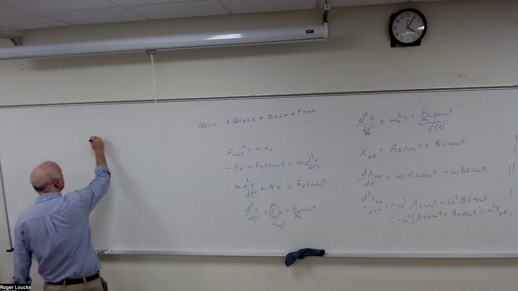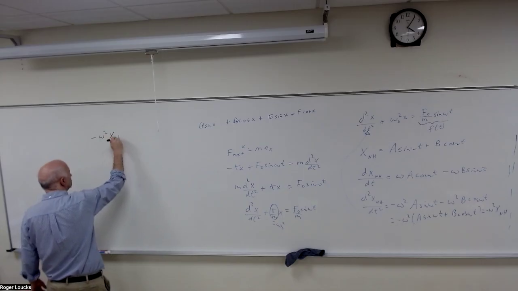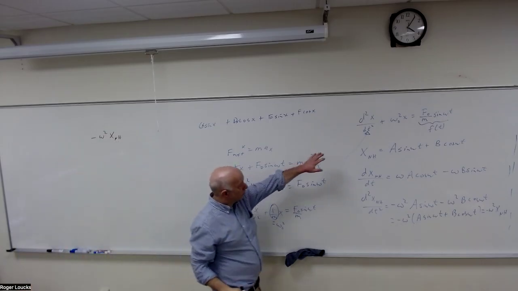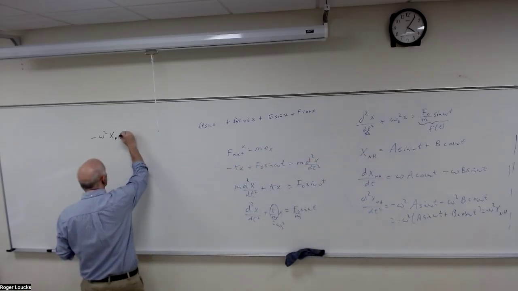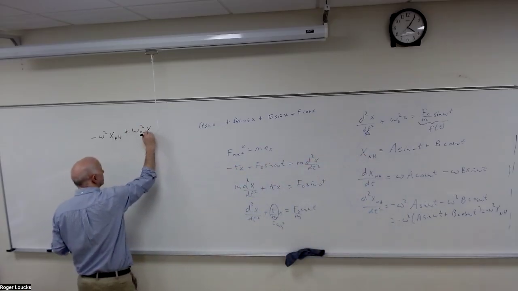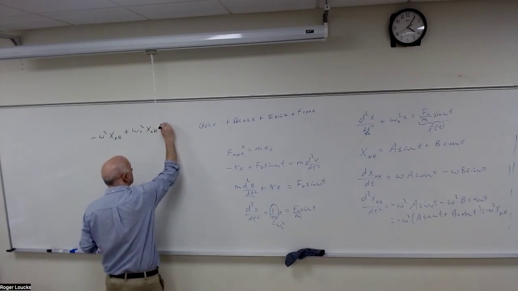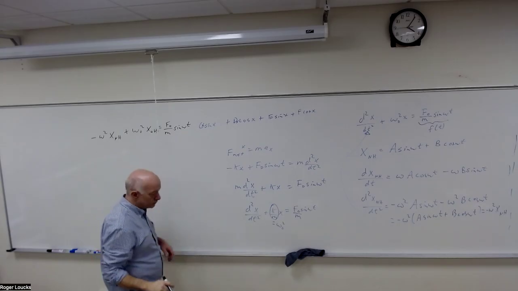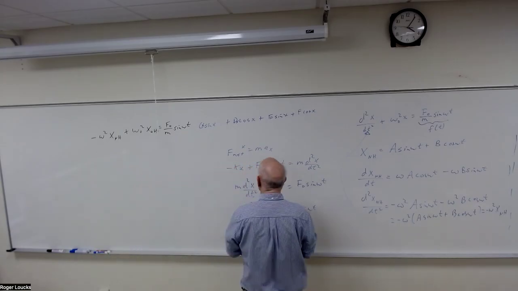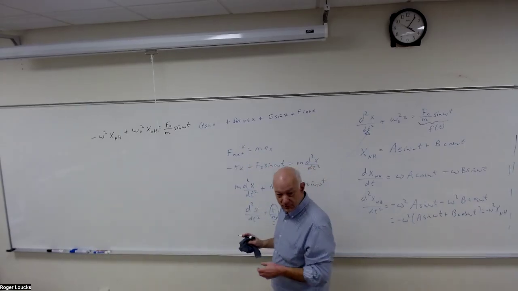This gives me minus omega squared x non-homogeneous. That's this one. I get this term here. It's omega naught squared x non-homogeneous equals f naught over m sine omega t. That's after you take the curl.